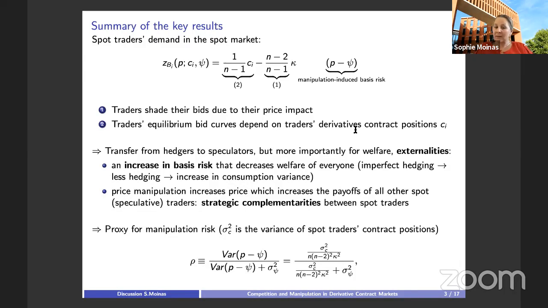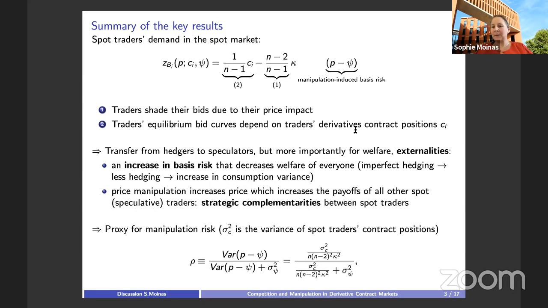And the second externality is that whenever a trader tries to push the prices up, to manipulate the prices on the spot market, all the other speculators or spot traders may benefit from that. And so there are going to be strategic complementarities between the spot traders, okay? And so because of these externalities, as a regulator, you may want to intervene in order to avoid manipulation. So this was the normative aspect of the model.